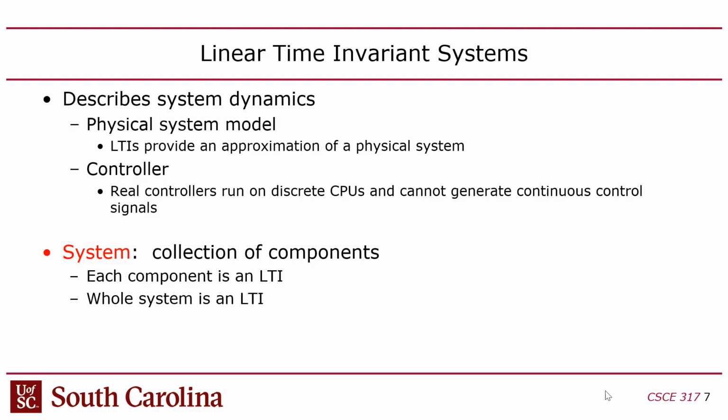And what do I mean by that? Well, when I say linear, you might be thinking of a linear equation, where you have variables and a coefficient multiplied against each variable. But what we're talking about here are linear time invariant systems, which is basically the linear version of a differential equation.